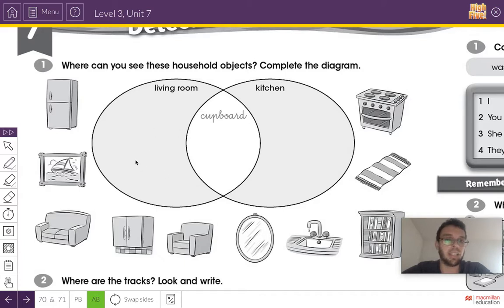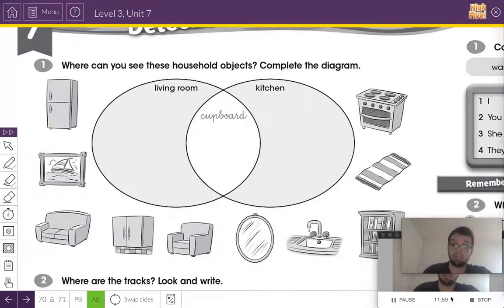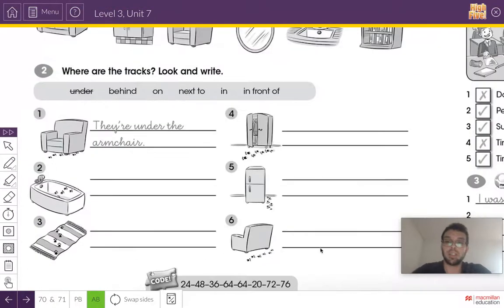So if you find it in the living room, we'll put it here. If you find it in the kitchen, we put it here. And if you can have it in the kitchen and the living room, then we put it here in the middle, right? So for example, a cupboard. We can have a cupboard in the living room, but we can also have a cupboard in the kitchen. So let's do this all together.